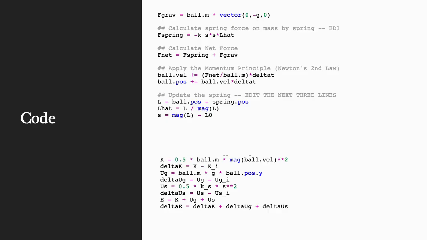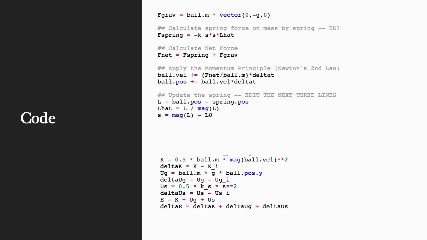Continued code is where in the loop the force on the mass by gravity is calculated by ball.mass times g, and the force of the spring is calculated by multiplying minus spring constant times s times L hat to get the spring force, and then the net force is found by adding the spring force and the force of gravity.